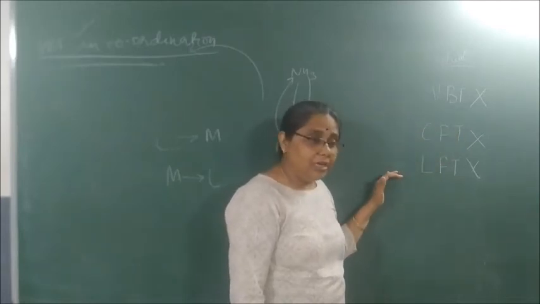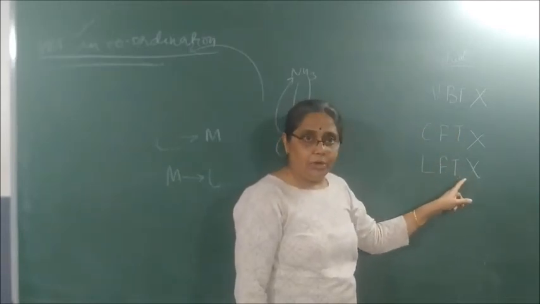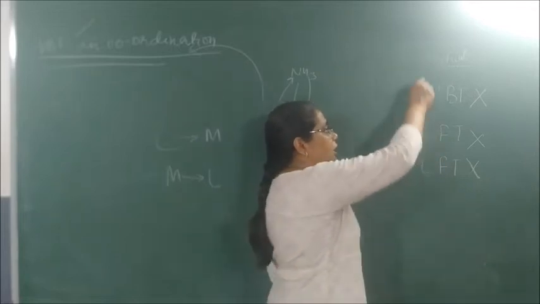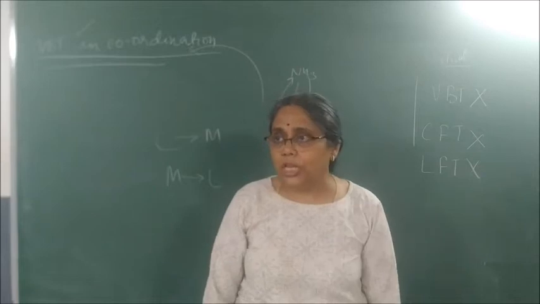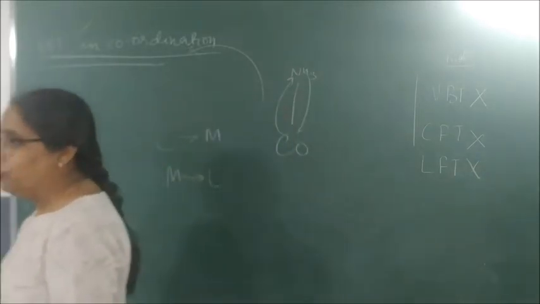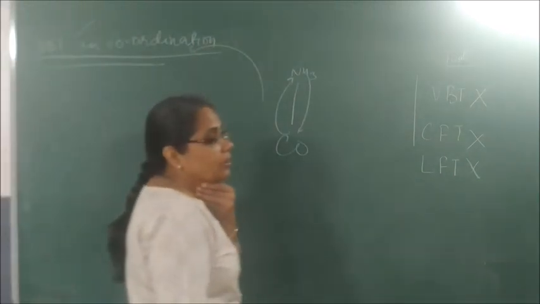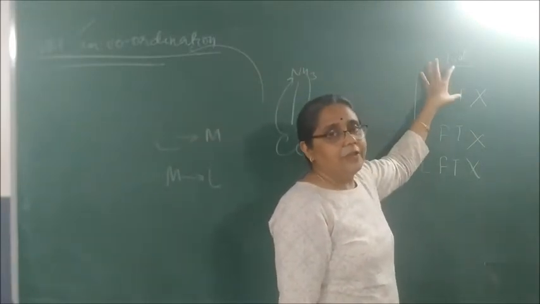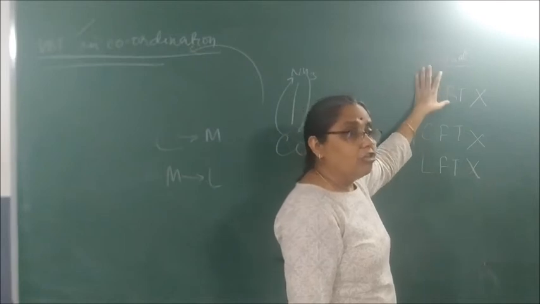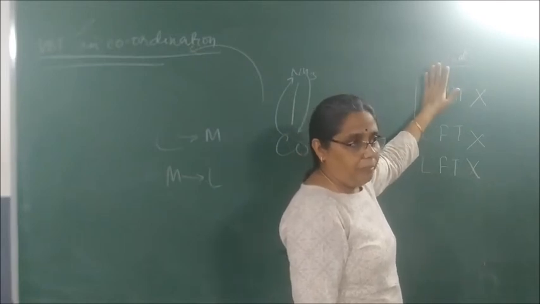What we follow presently? Ligand field theory. But we will study only VBT and CFT. Is it clear? So the three theories are ligand field theory, which we presently follow, CFT, which explains the magnetic and optical properties beautifully, and VBT, which gives you the hybridization and the geometry of a complex compound.